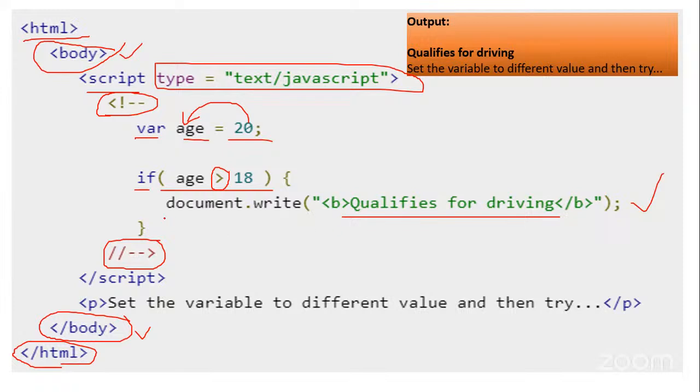As we covered, we can use document.write or console.log to print something on the web page. So document.write, within double quotation marks, b indicates bold. I want to print this text in bold format. Otherwise, if you remove it, it won't have any effect on the code. Qualifies for driving will be displayed when age is greater than 18.